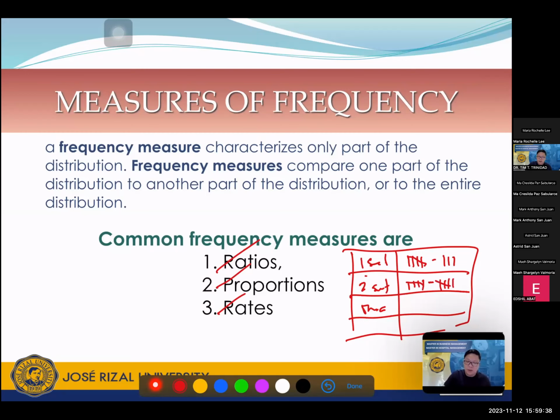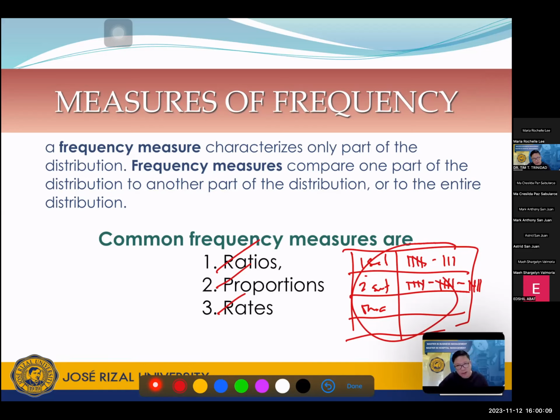This is frequency distribution. You are distributing the characteristics in different categories. So that is your frequency distribution. And what you're doing is a frequency measure. So you are characterizing only a part of this distribution, and frequency measures compare one part of this distribution to another part of another distribution, and eventually to the entire distribution.